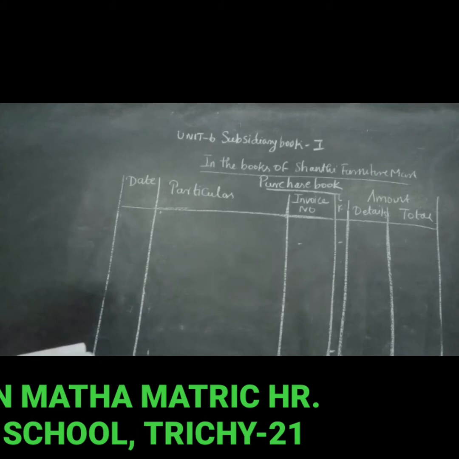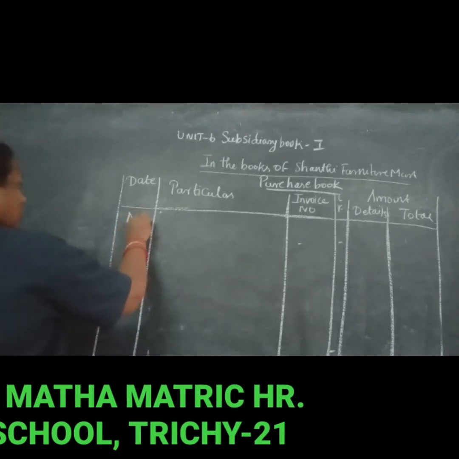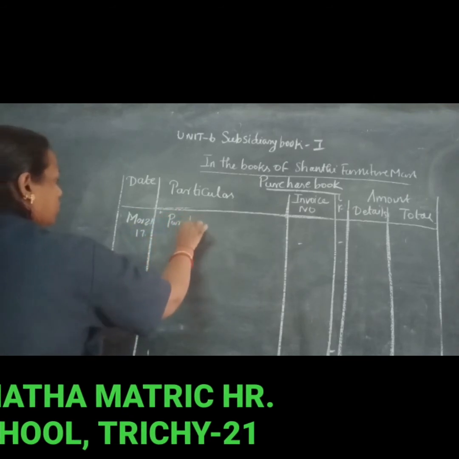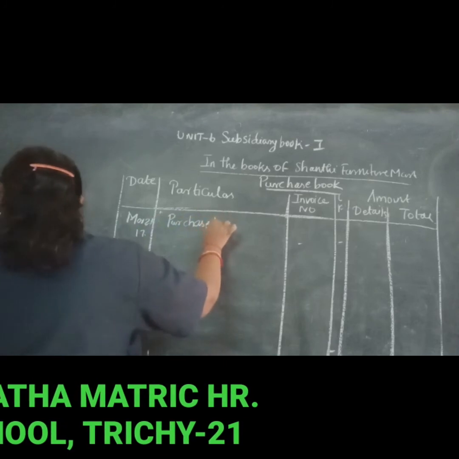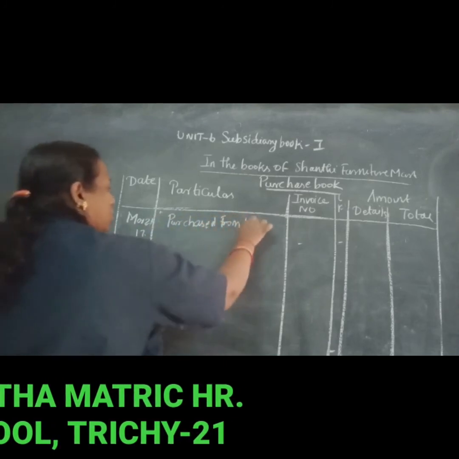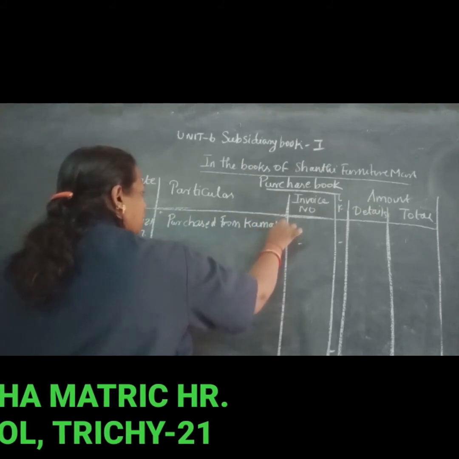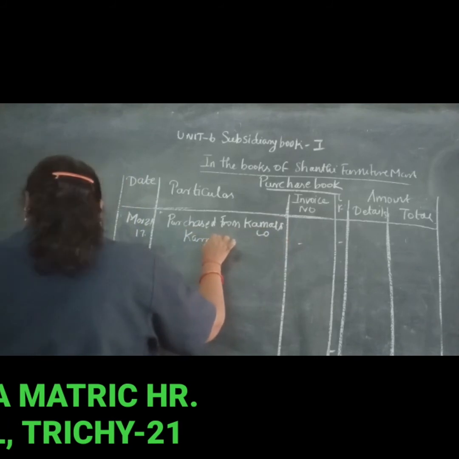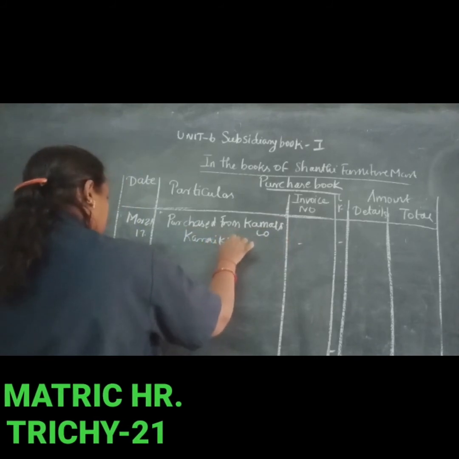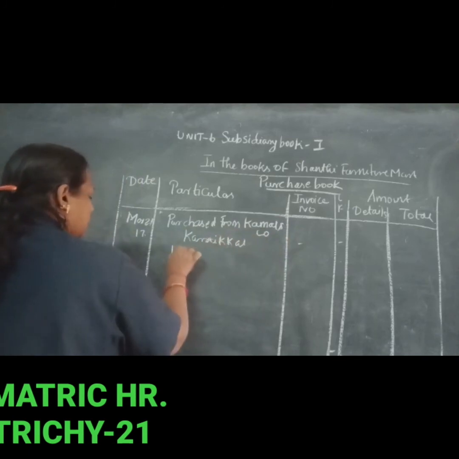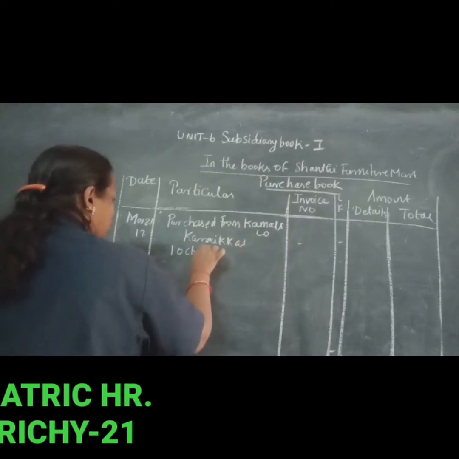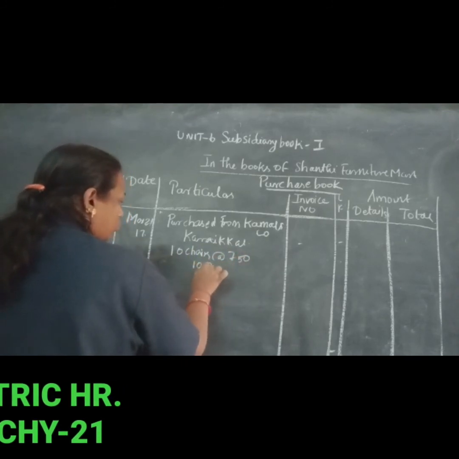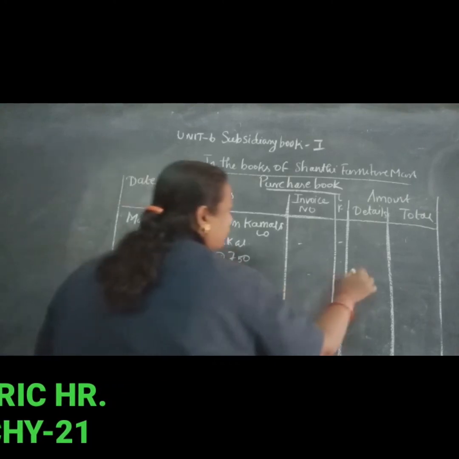Purchased from Kamal Company, Karaikal, March 21, 2017. 10 chairs at the rate of 750 each. So 10 into 750 rupees, amount 7,500.